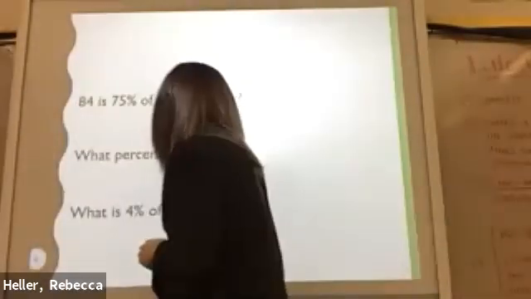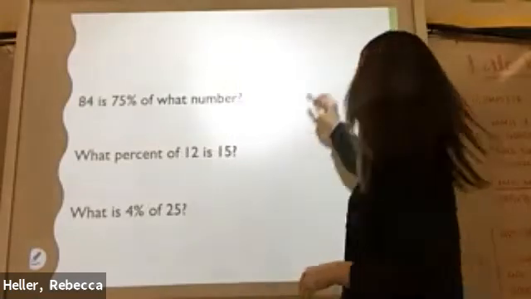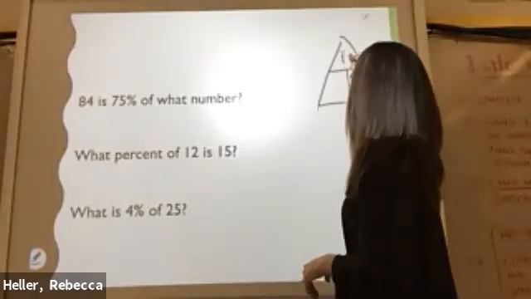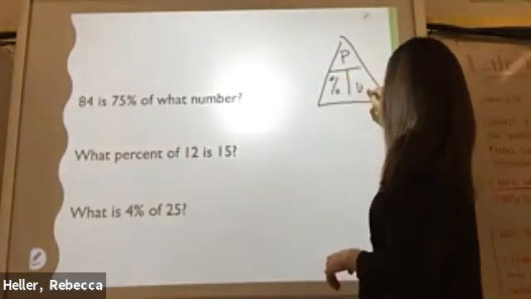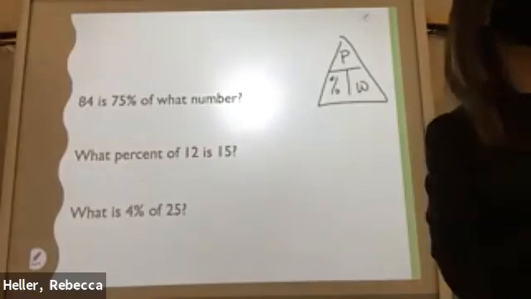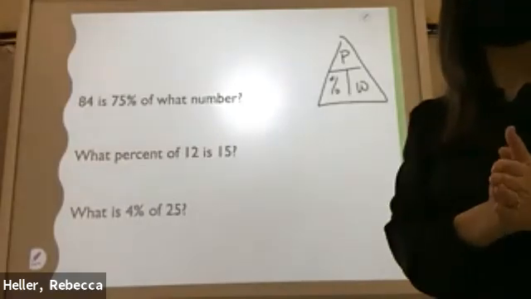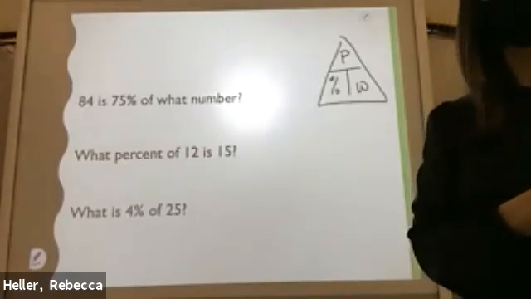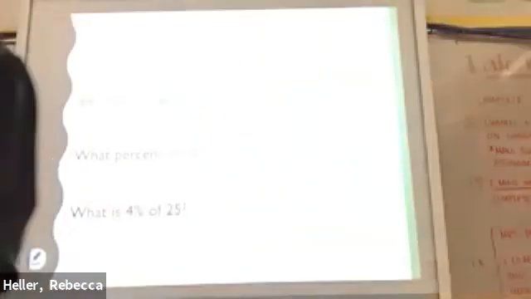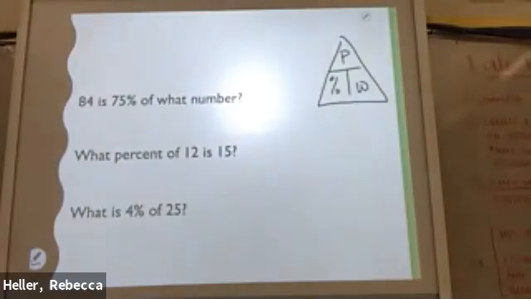I want you to use the triangle method. Part, percent, whole. Okay, so work on those. I'll give you about 3 to 5 minutes, and then we'll go over the answers. So you can just type them in as you get your answers. You do not have to wait till you get all 3 to type them. Okay?